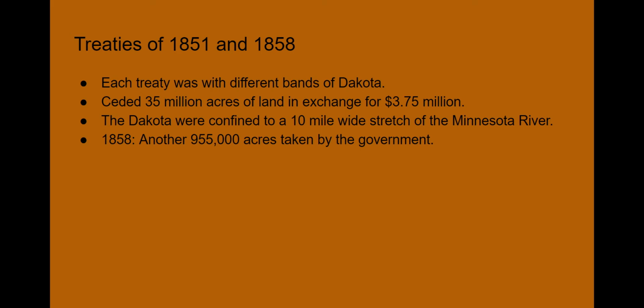So this process of moving Native Americans onto reservations in Minnesota basically began with the Treaty of 1837 when the government took the Dakota land east of the Mississippi away from them. Now that is a historical point that can be argued.